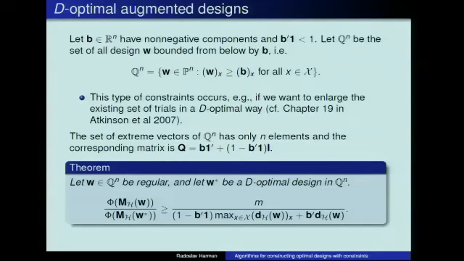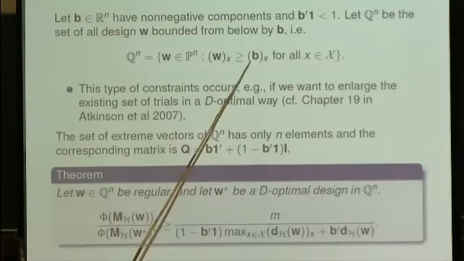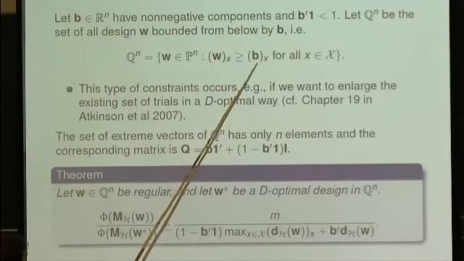Okay, so the first example. Assume that we have a vector b with non-negative components that sum to a number less than 1. And our constraint design space, Qn, will be simply all the designs that sum up to 1, such that each component is greater or equal to the corresponding component of the vector b.